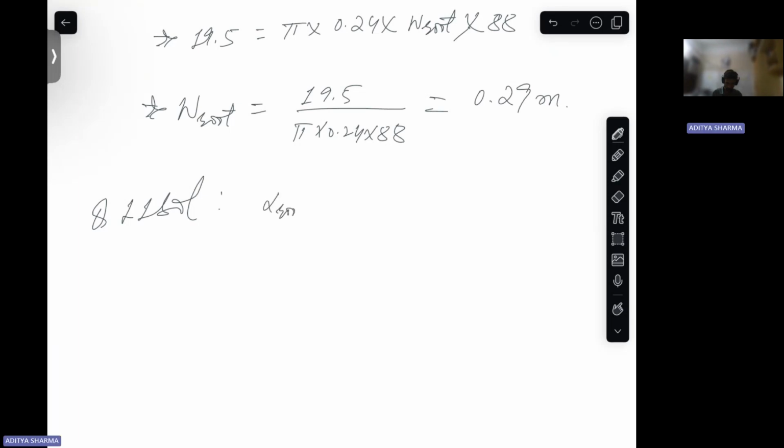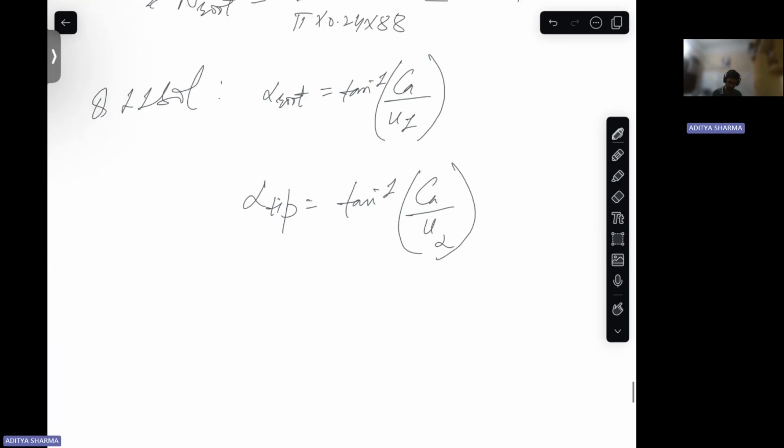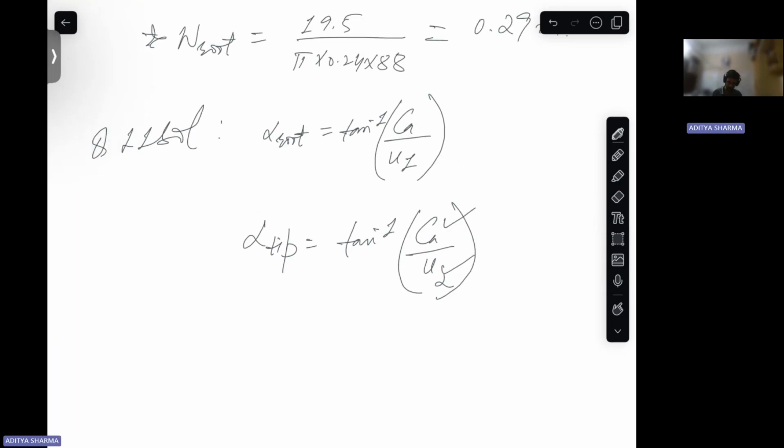Alpha root is tan inverse of CA by U1, and alpha tip is tan inverse of CA by U2. U2 we have calculated, CA we have, U1 we have not calculated.